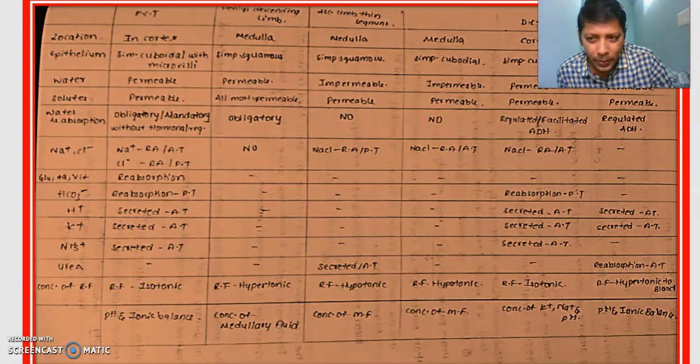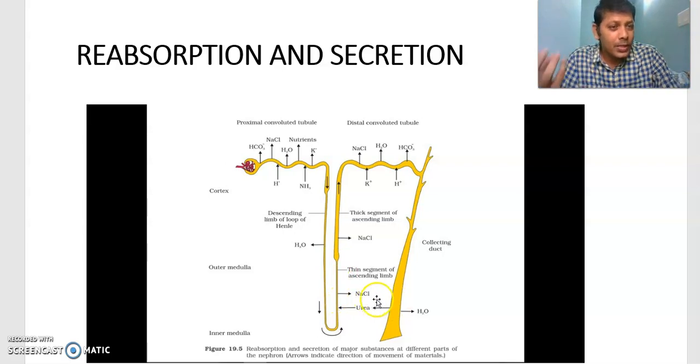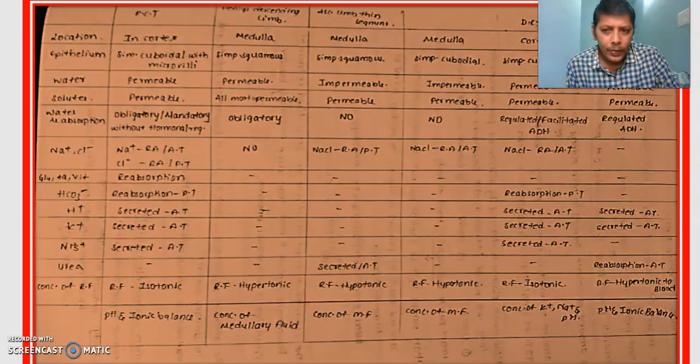But here, salt is coming out of the filtrate while the solvent stays the same. As it moves along this part, more and more salt is lost, so the filtrate gradually becomes hypotonic as it ascends.